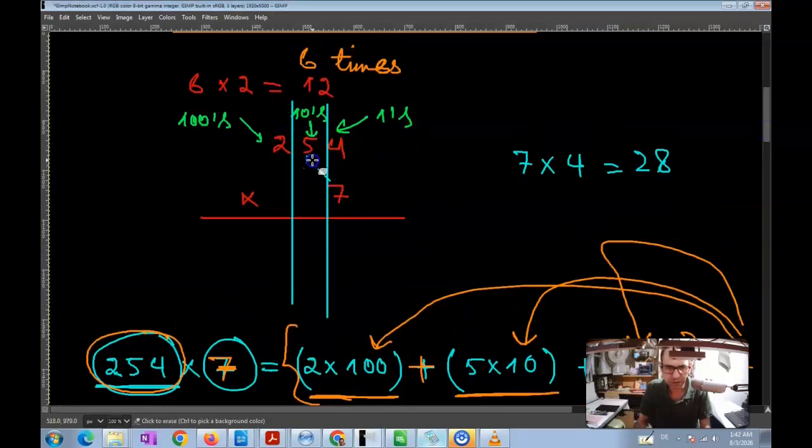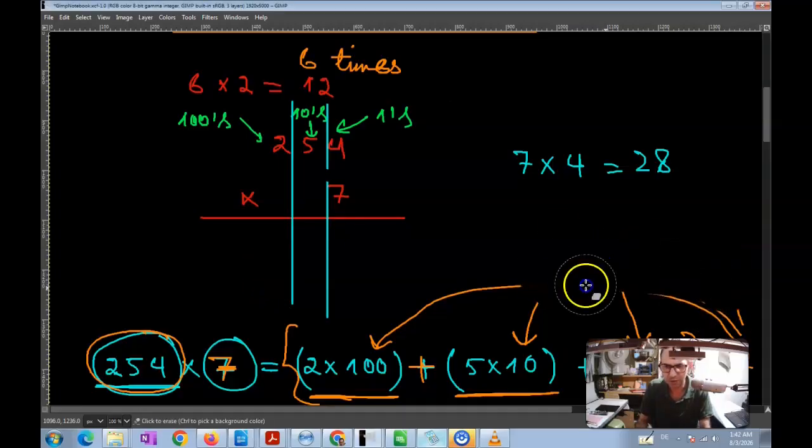When I'm multiplying the 7 by 254, first I need to multiply the 7 by the 4 part, then the 7 by the 50 part, and then the 7 by the 200 part. Whatever I get becomes my number, right?